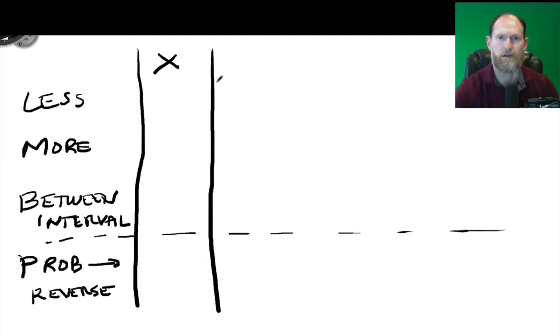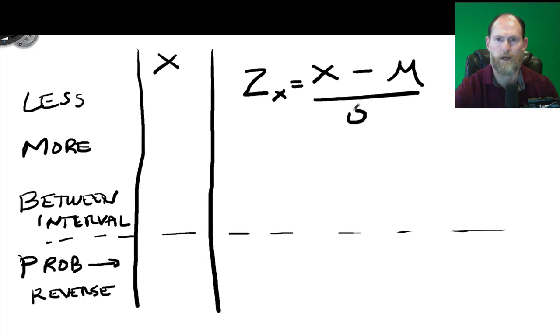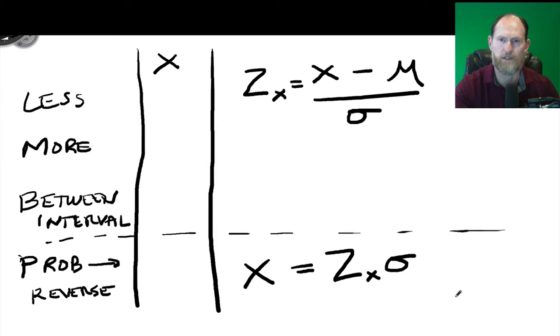three problems right here, we need the formula z of single value x equals single value x minus the population mean divided by the standard deviation. And to solve this problem, we need the formula single value x equals the z-score for single value x times the standard deviation of the population plus the mean for the population.